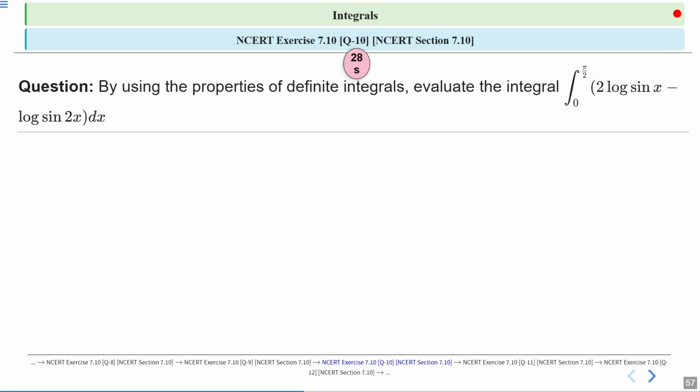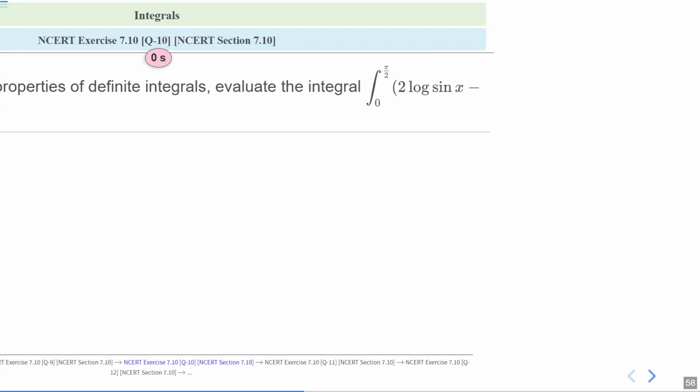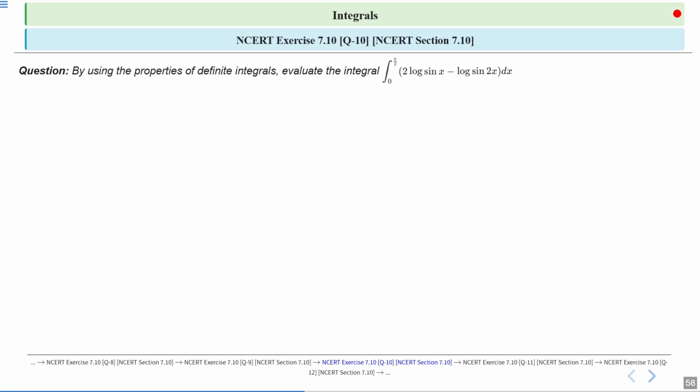Just try. So the answer is pi by 2 log 1 by 2.